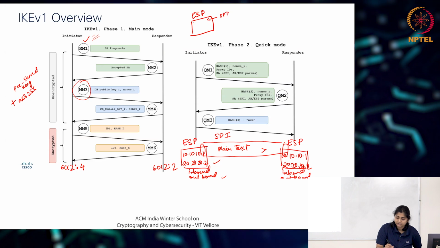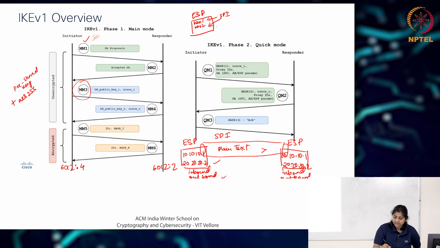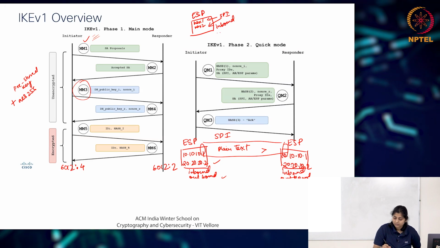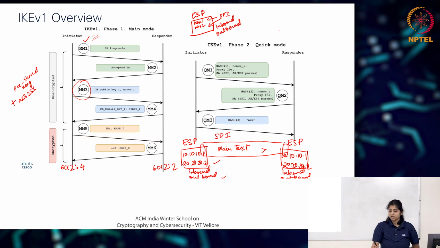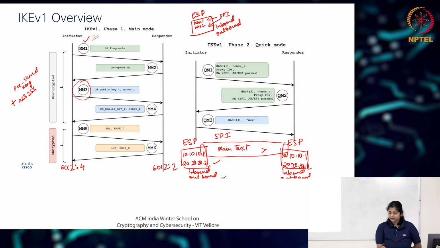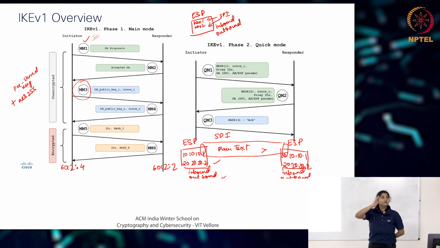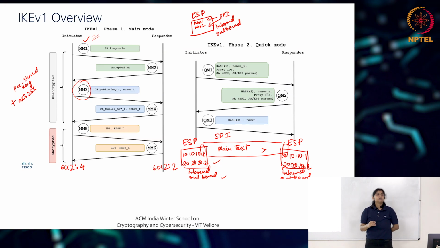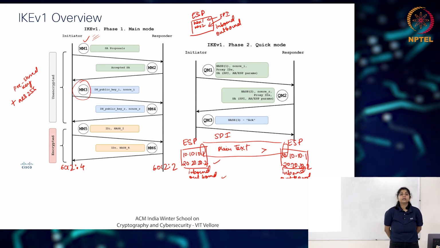So, hex values will be there, hex1, hex2, so these are all SPI values. There is one inbound, one outbound. Okay, on the responder similarly. So, what is the connection between these two SPIs? Should they match inbound to inbound, outbound to outbound? Should my inbound be your inbound? Is that making sense?